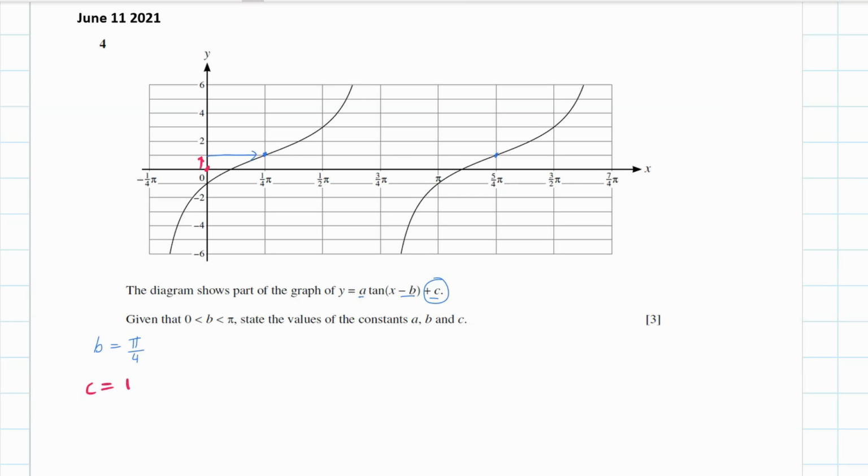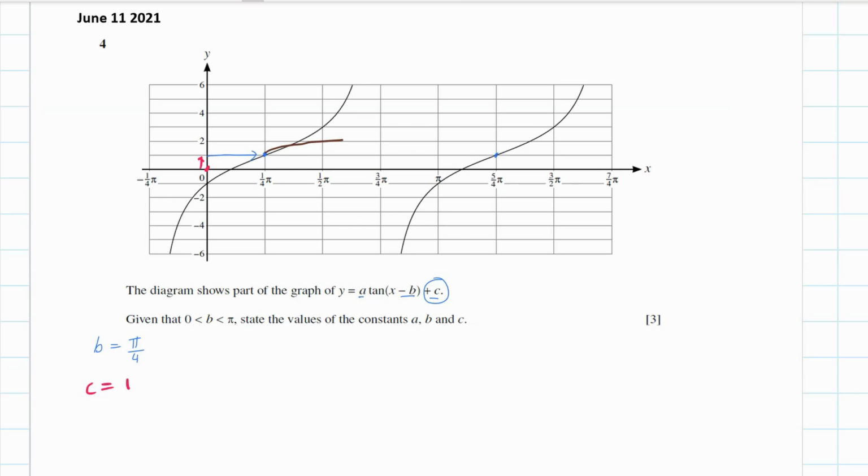And how do you find out A? Well, there's a couple of ways of doing this. You could consider what the period for this graph now is.